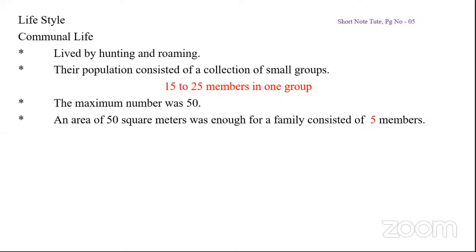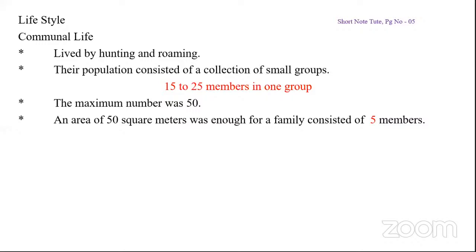So they had to go looking for 7 or 8 days and couldn't come back to their cave. That's why roaming, walking here and there and collecting. Normally hunting was done by the men and collecting was done by the women. The two main ways of gathering food were hunting and collecting.